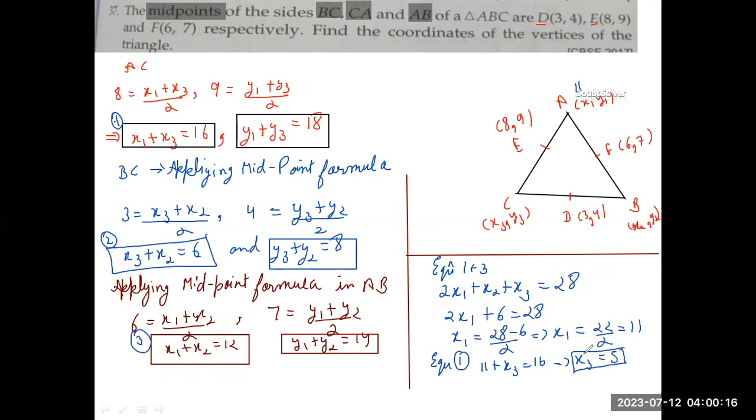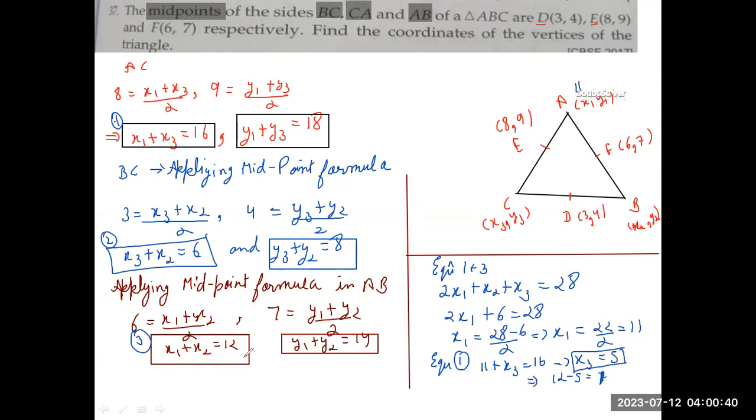And x1 and x3 you are having. Now you can find x2 from equation 3: x1 plus x2 is 12, so 12 minus 11, it would be 1. Just by substituting value, you can find it.